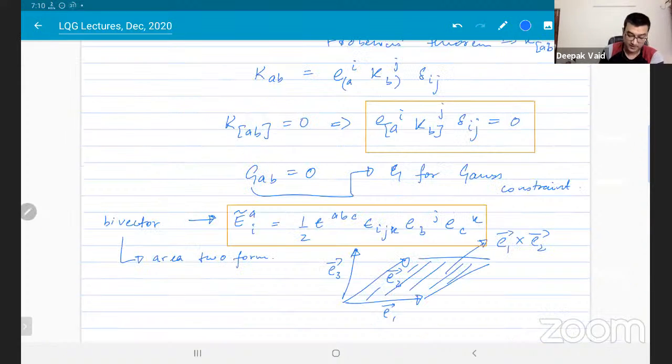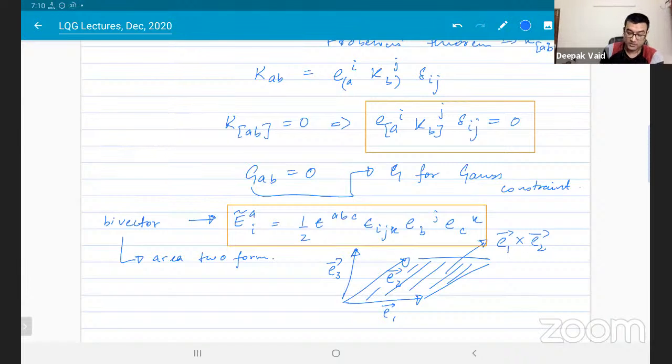That's what the second epsilon does. Right? So here your J and K indices label the vectors. B and C label the space-time components of those vectors.